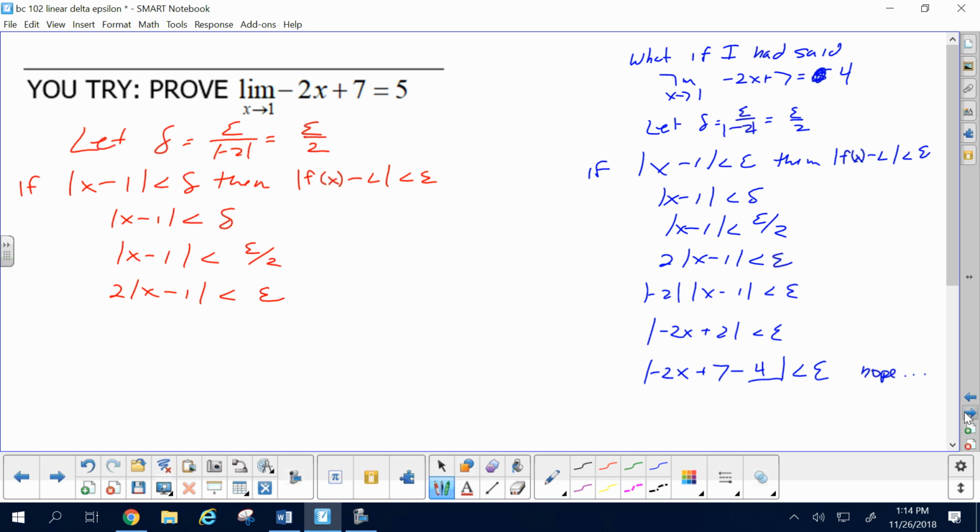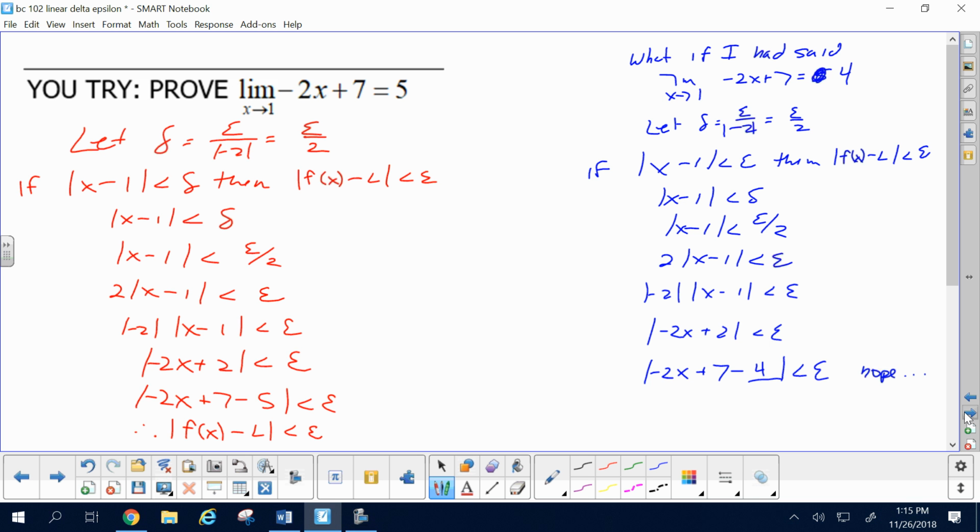If you had negative 2 over there, you'd have to switch the inequality and the whole proof falls apart. You should deal with the 2 by making it an absolute value of negative 2, then bring it in, and then split the 2 into what you need to make f, which is 7, and what the limit is, which is 5. And that is f of x.